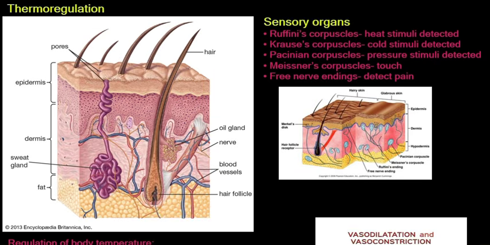You also need to know the structure of the skin and how it plays a role in thermoregulation. Firstly, we are endothermic animals. That means we can regulate our own body temperature regardless of the external environment.